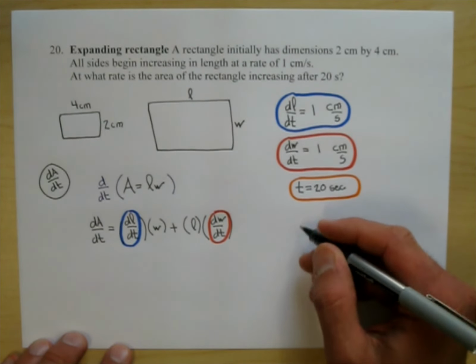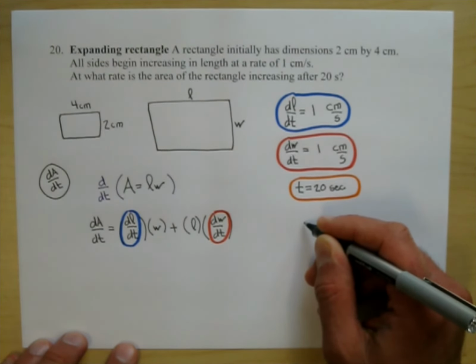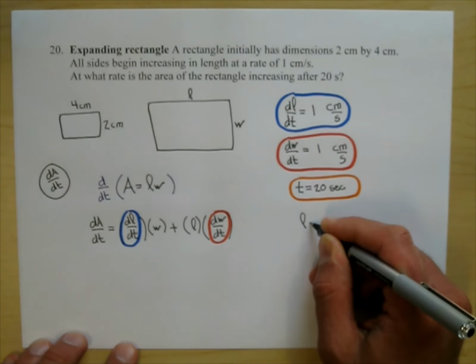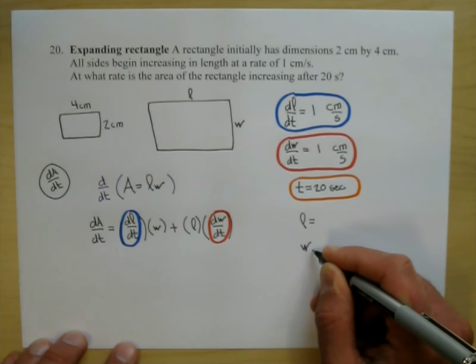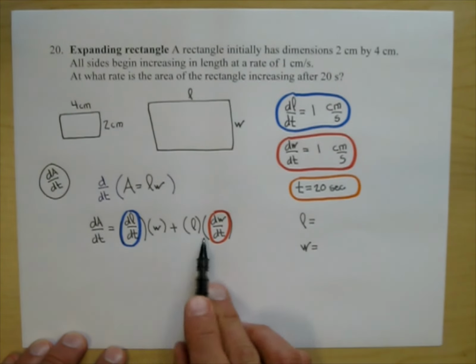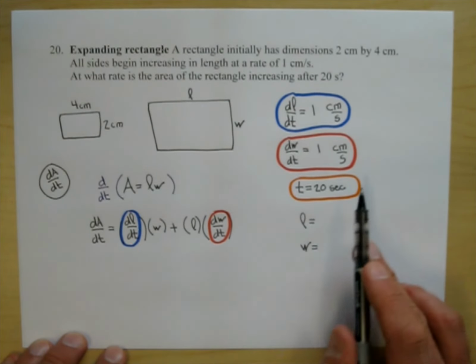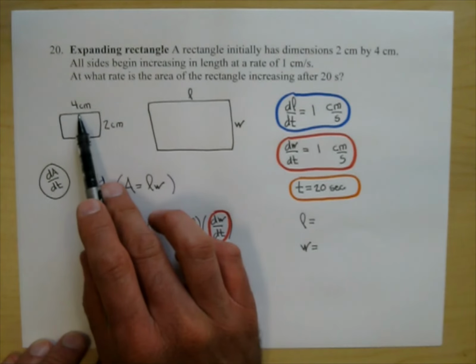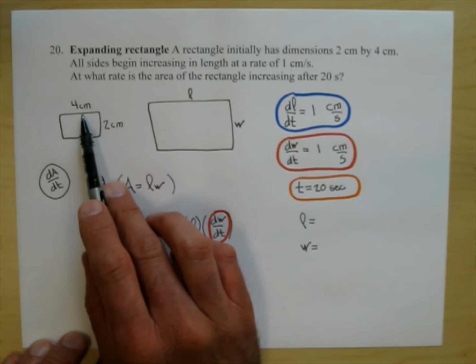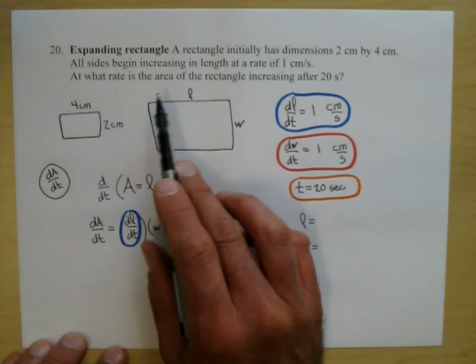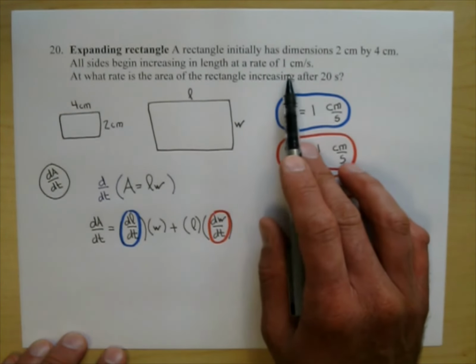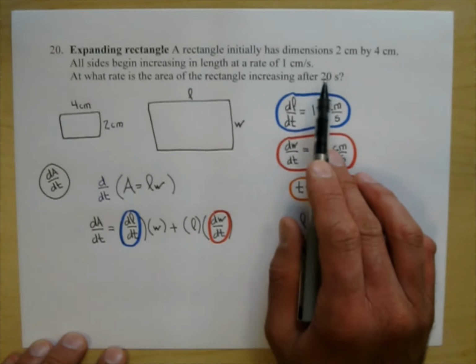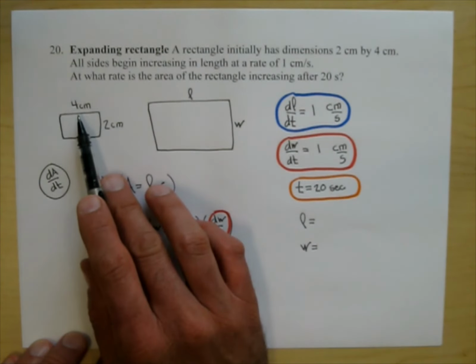Let's go ahead and work on the length and the width. So we need more values here. Well, the length is 4. And if this rectangle is increasing all of the dimensions by 1 centimeter per second, and 20 seconds have gone by, then this is not going to be 4 anymore, but it's going to be 24.